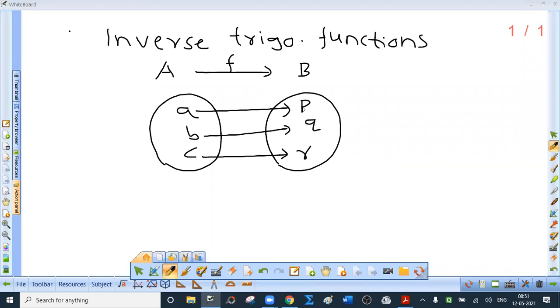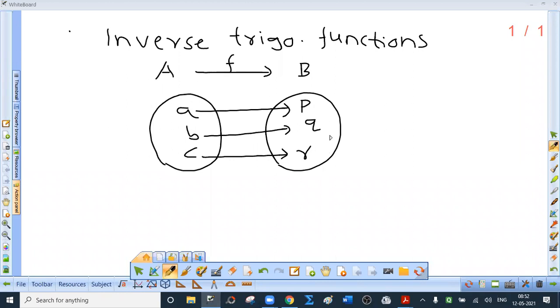No two elements in the codomain are the images of the same element. Means what? If I consider one more element D here, and if I say that D is associated with R, in that case R will be the image of two elements C and D, right? But this is not happening in this case. And therefore, we say that it is onto.